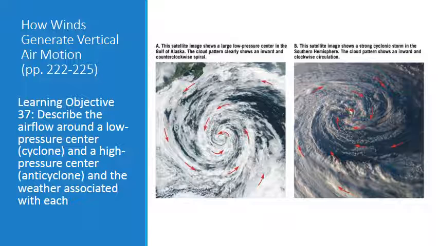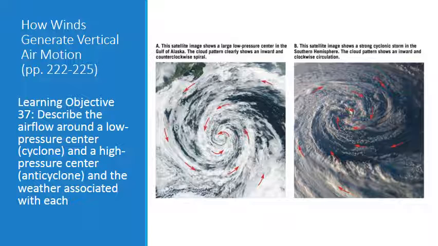Although the rate at which air ascends or descends, except in violent storms, is slow compared to horizontal flow, it's very important as a weather maker. You learned earlier in this course that rising air is associated with cloudy conditions and often precipitation.